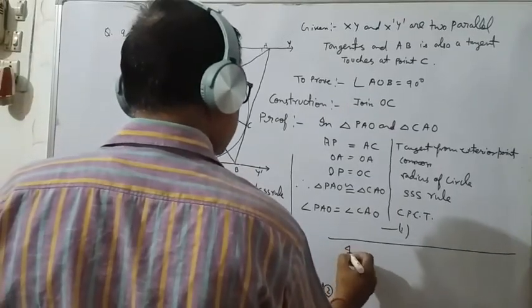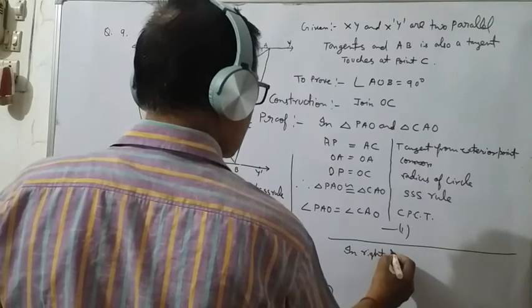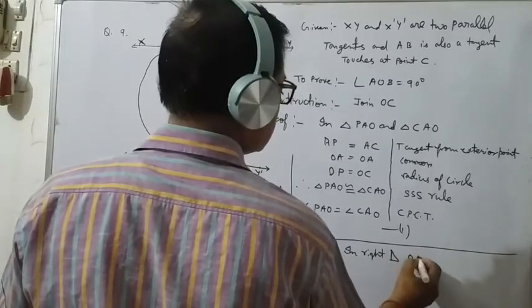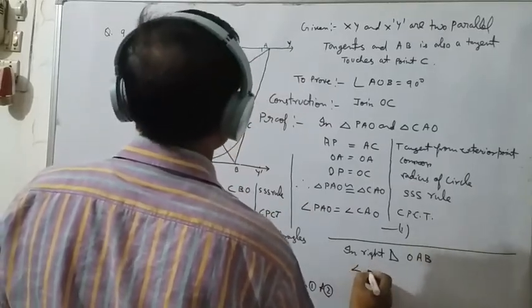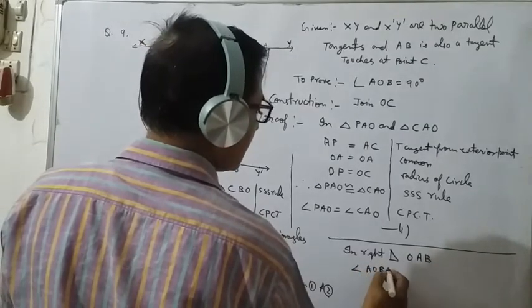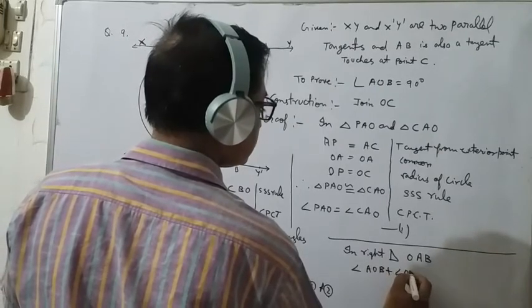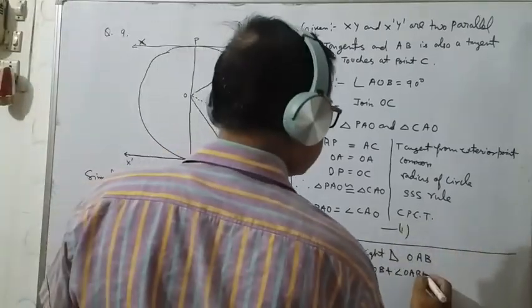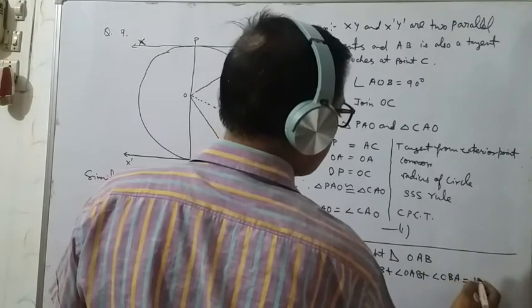In right triangle OAB, angle AOB plus angle OAB plus angle OBA equal to what? 180 degrees.